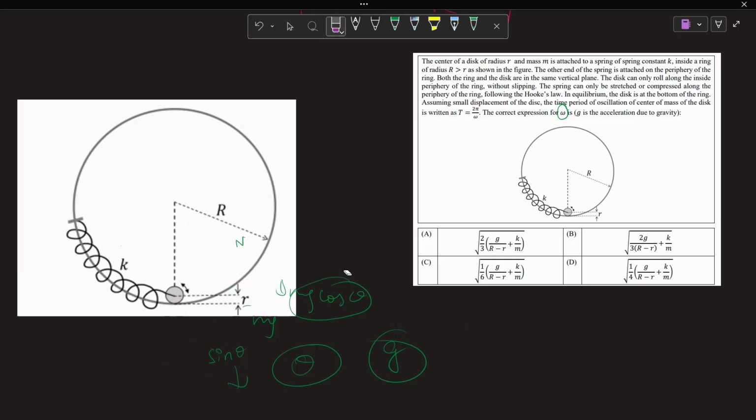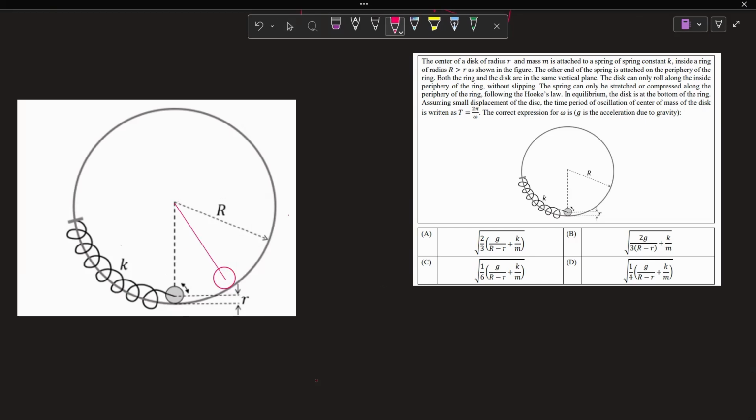Okay, so let's consider the solution now. How to solve this question? You can try it once yourself, but I'll share the solution. Here, the ball is here. Rearranging it.